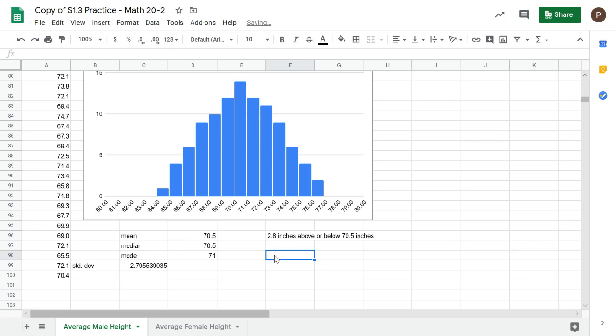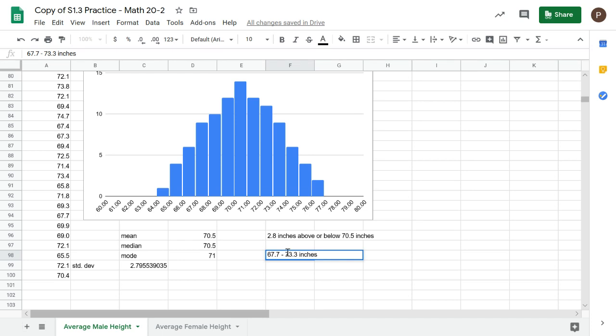So if we figure out what that is, if I say what is 2.8 inches below 70.5, I find out that 70.5 minus 2.8 is 67.7. And then on the upper end, 70.5 plus 2.8 is 73.3.